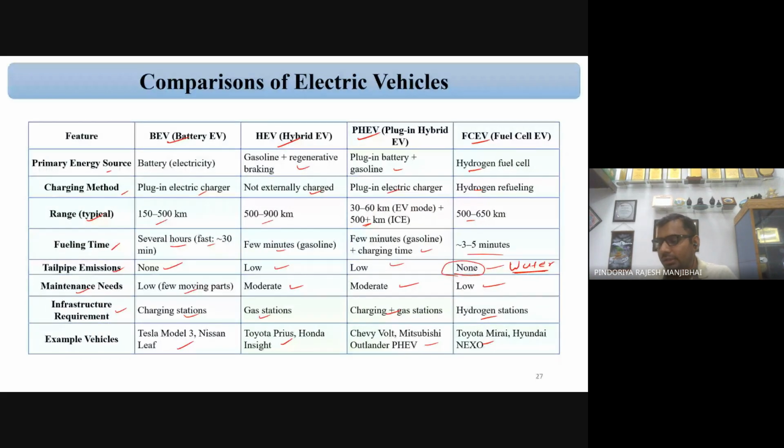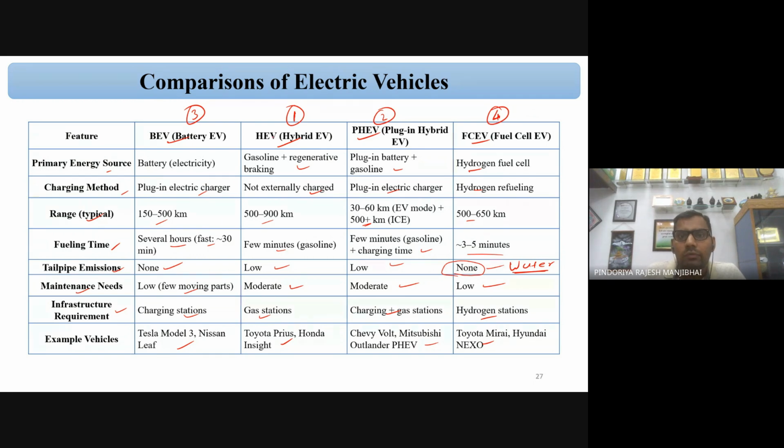So suppose we take the four-wheeler vehicle with the same power rating, everything the same. Then the first number for cheaper is your hybrid electric vehicle. So hybrid electric vehicle is the cheapest compared to the other four. Then the plug-in hybrid electric vehicle. Then the third one, and then the fourth one.